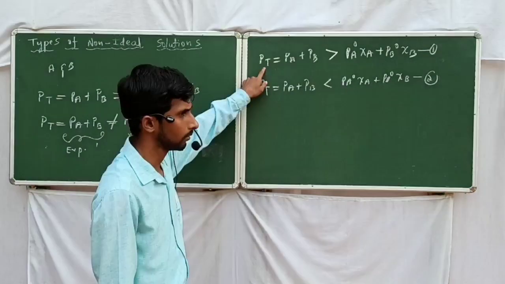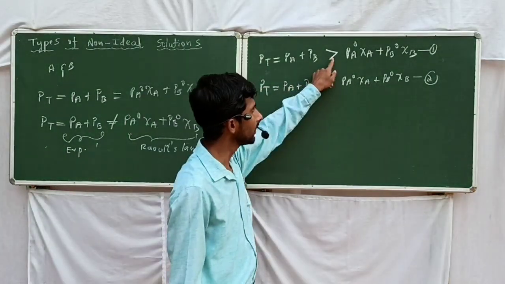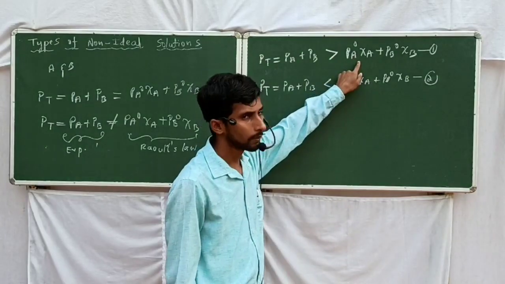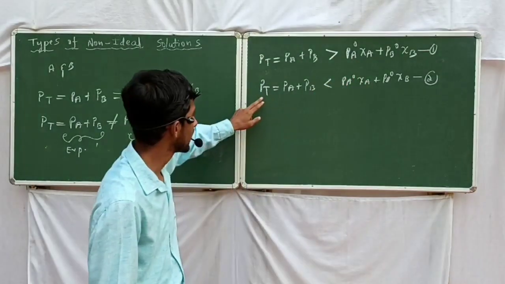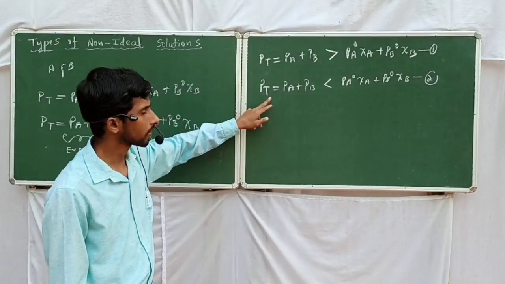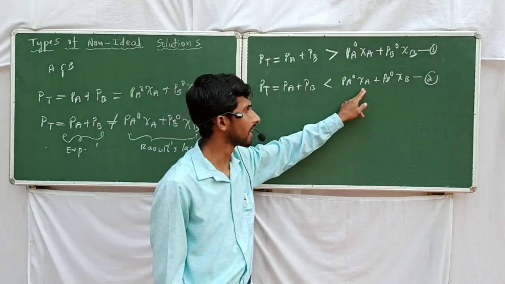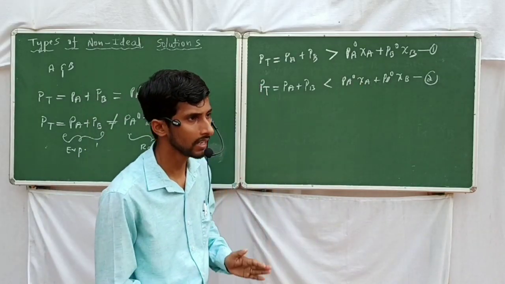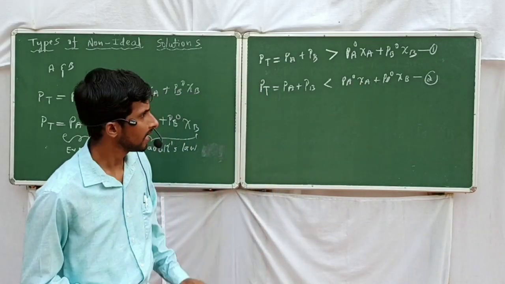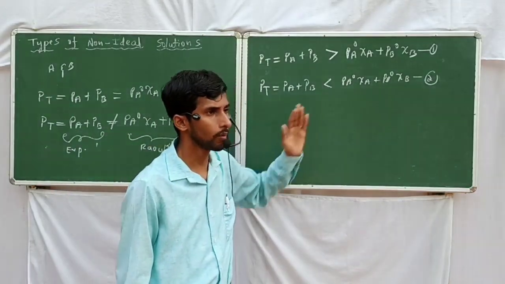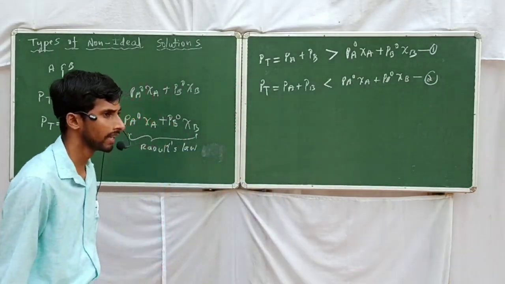That is the meaning of deviation. The vapor pressure of the solution is greater than that calculated by using Raoult's law. The second condition is the vapor pressure of the solution is smaller than that calculated by using Raoult's law. Based on these two conditions, we have two types of non-ideal solutions.